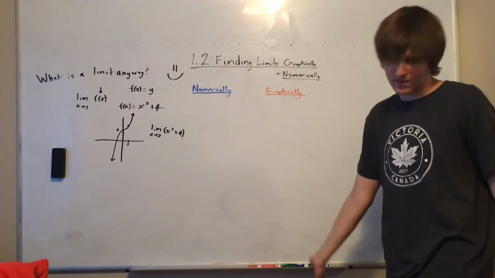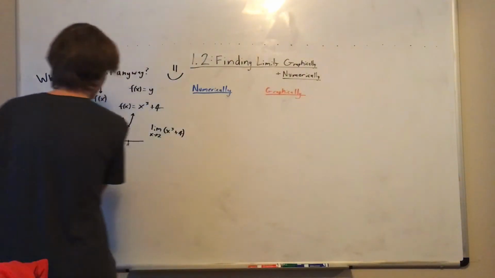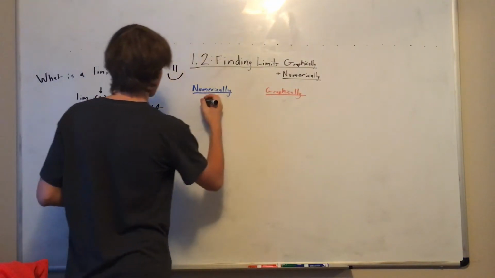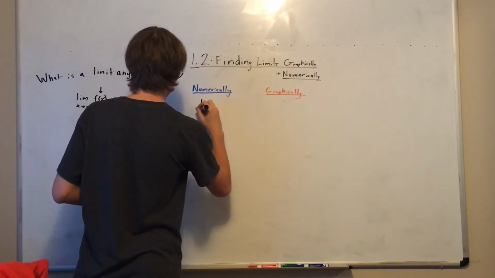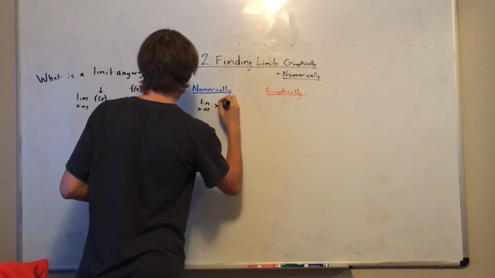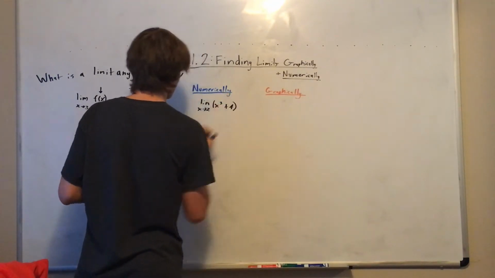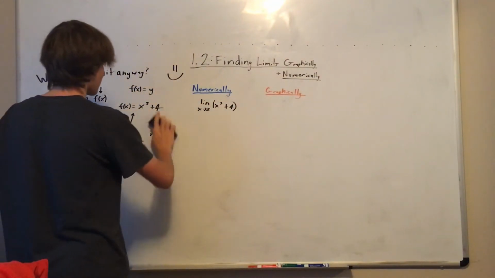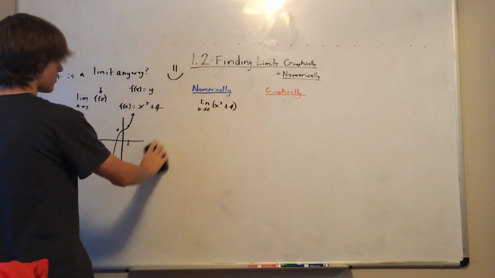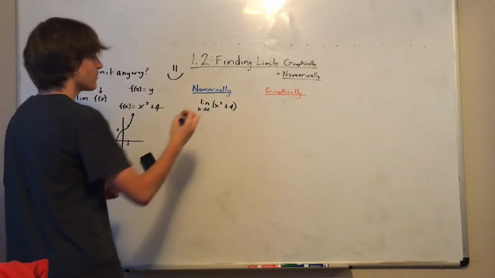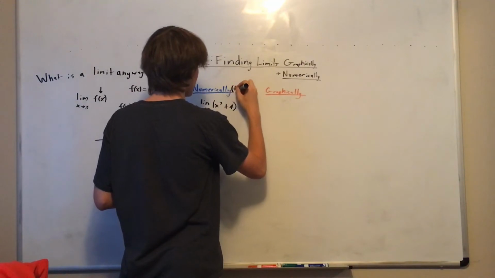finding limits numerically. So let's rewrite our problem right here. Limit x goes to 2 of x cubed plus 4. Make sure to put those parentheses once again. And then numerically, solving limits basically means you're making a table.